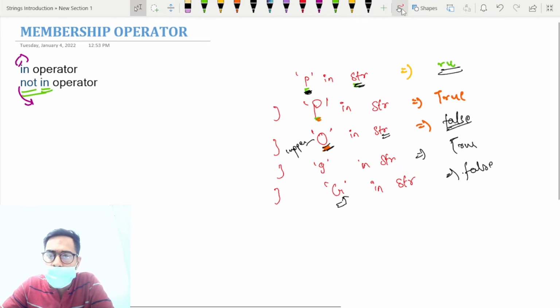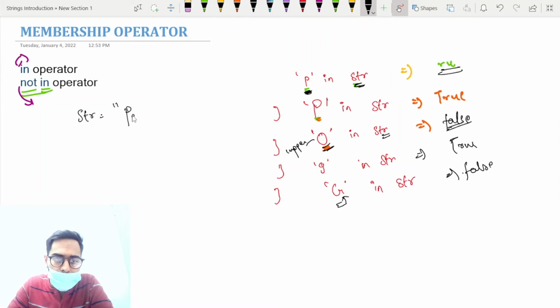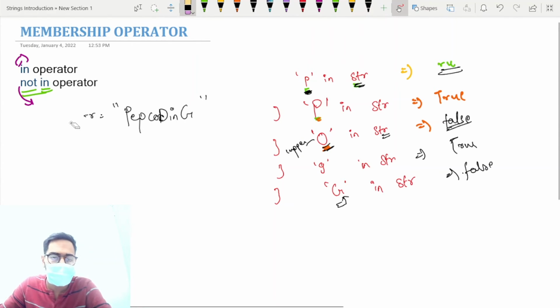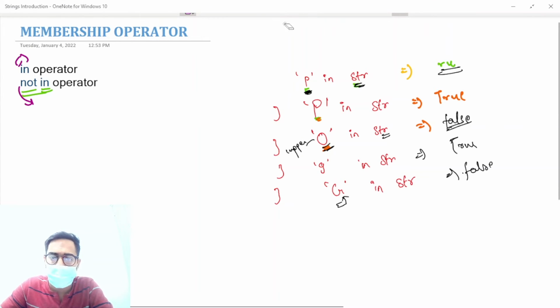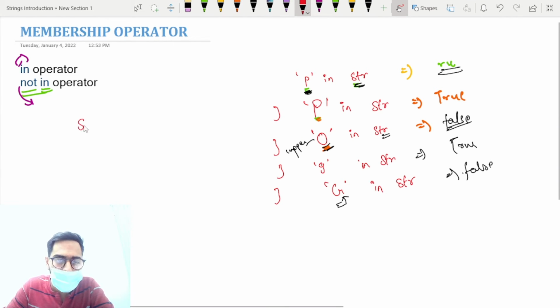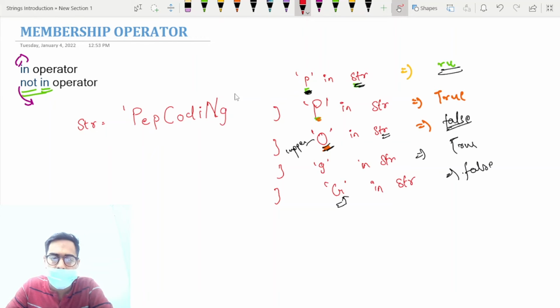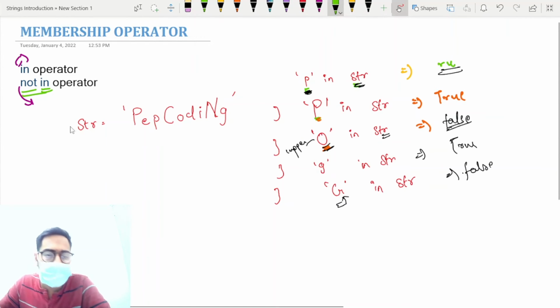Let's consider one more string. Str is equal to coding. This is the string. Let me write it in a much clearer way. Str will be equal to this string. I'll be writing some questions regarding this.